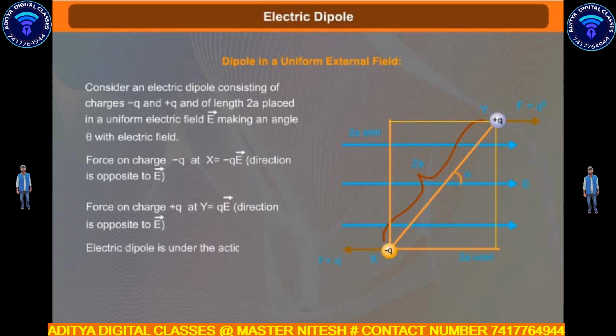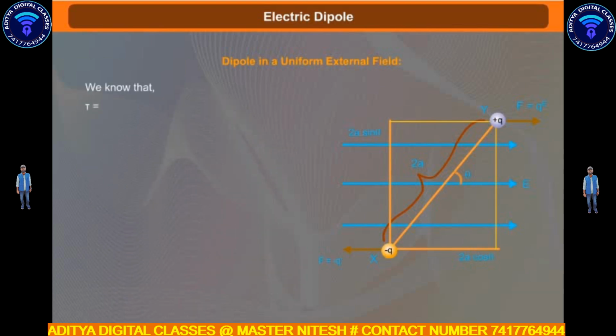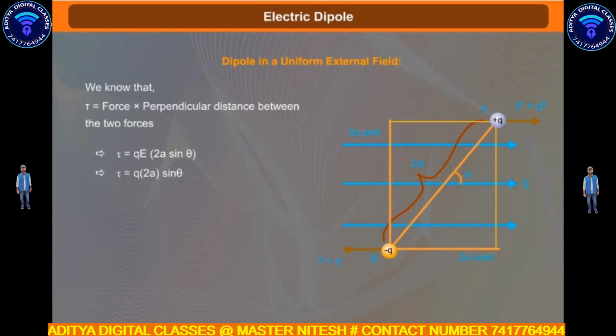The electric dipole is under the action of two equal and unlike parallel forces which give rise to a torque on the dipole. We know that tau is equal to force times the perpendicular distance between the two forces. This implies tau equals qE times 2a sin theta, which on further simplification gives pE sin theta.